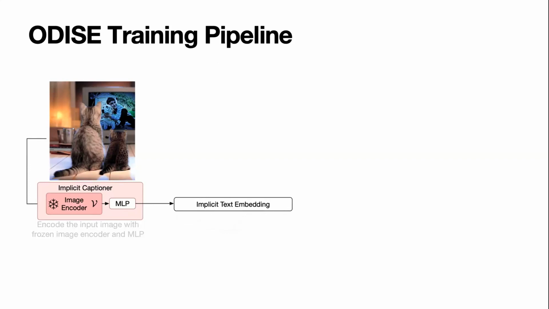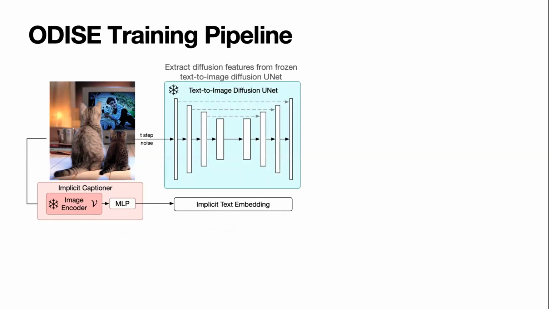So we train an implicit captioner, which is essentially the image encoder of a CLIP model with an MLP added to it. Along with the features extracted by this implicit captioner and a small amount of noise added to the image, we do a single step diffusion process, the last step of the diffusion process, to pass it through the text to image diffusion model and extract the internal features for the image.